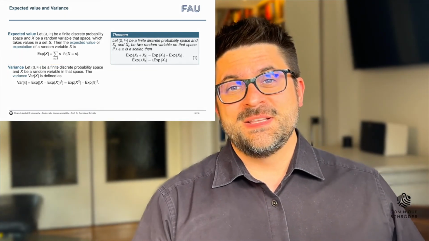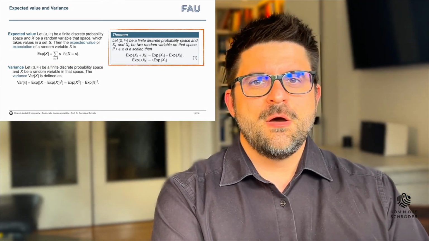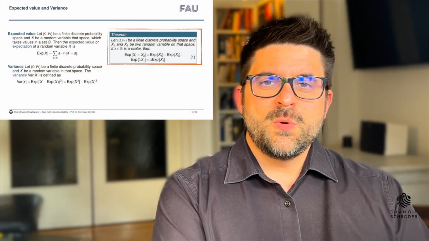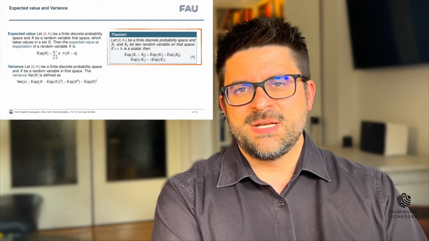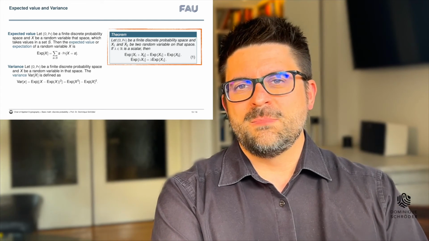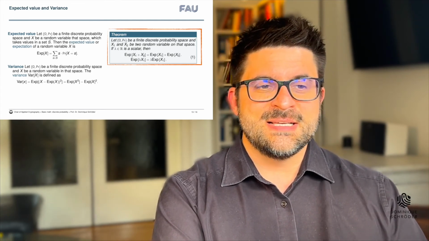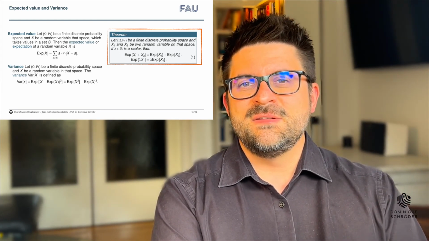Finally, I want to present a very nice theorem that allows us to simplify the computation of the expectation in many cases. In particular, we might be faced with a situation where we have two random variables, say x1 and x2, and we would like to compute the expectation of x1 plus x2. The theorem tells us that we can compute this expectation by looking at its individual parts.